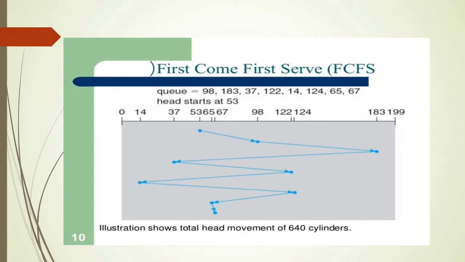So first come, first serve is traveling according to the request which has been standing in the queue next to the first arrived request. So that's why we are getting a zigzag effect according to this algorithm.